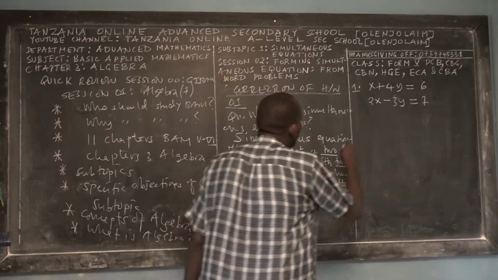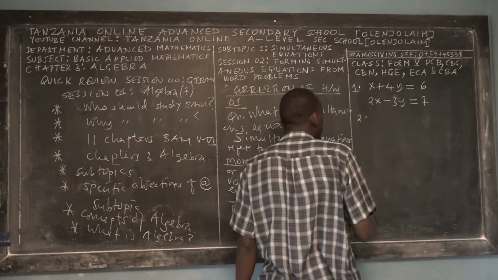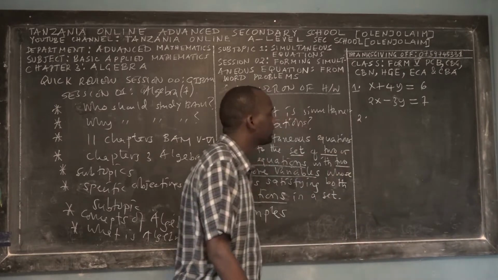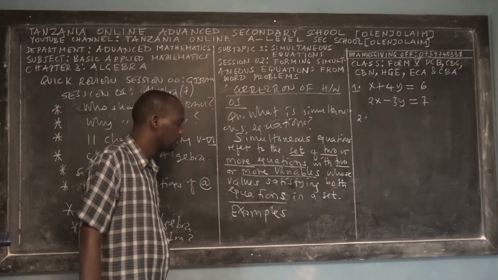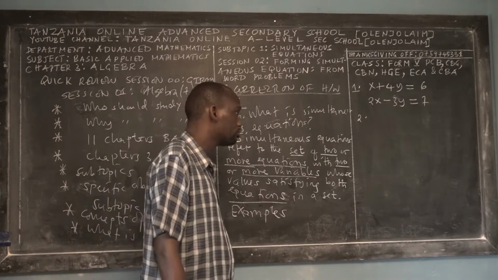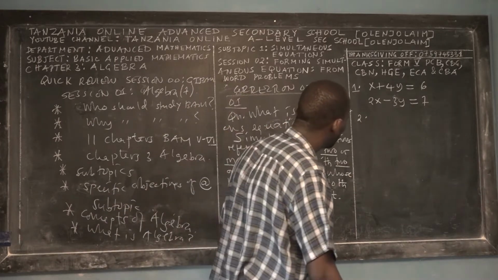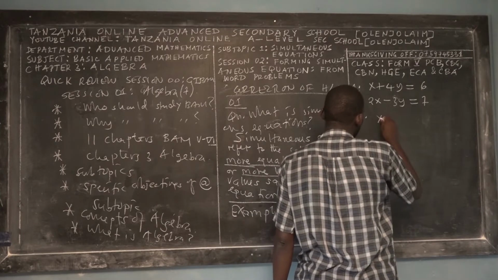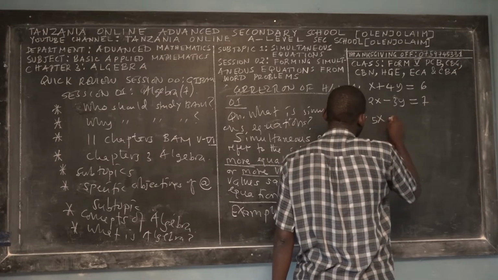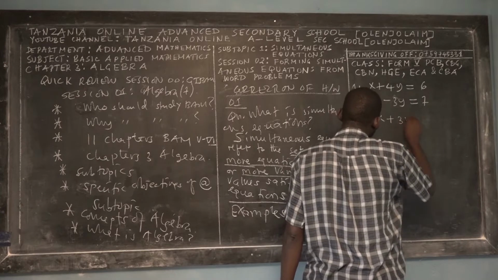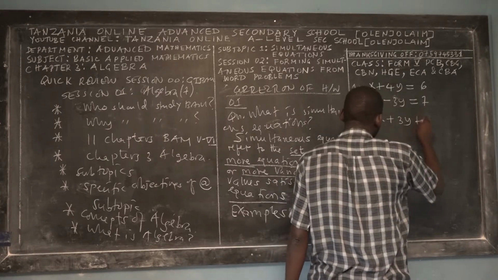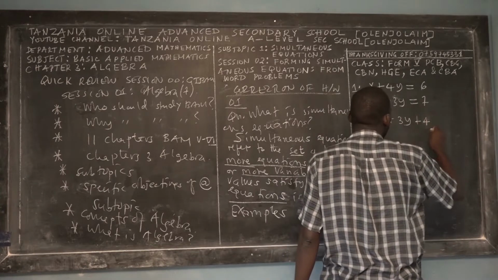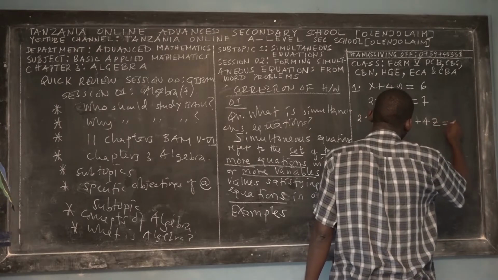So again, according to the definition, we can have a simultaneous equation which comprises more than two equations. How do we formulate it? You can have 5x plus 3y plus 4z is equal to 11.